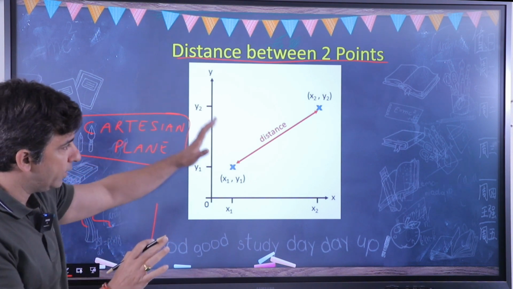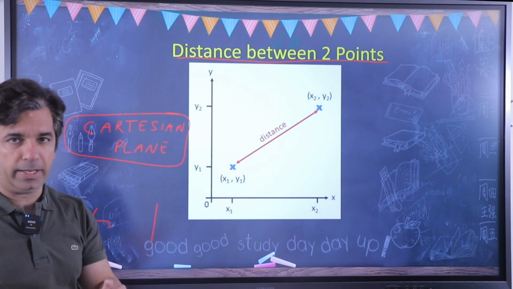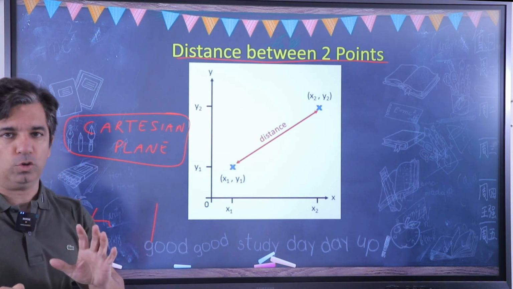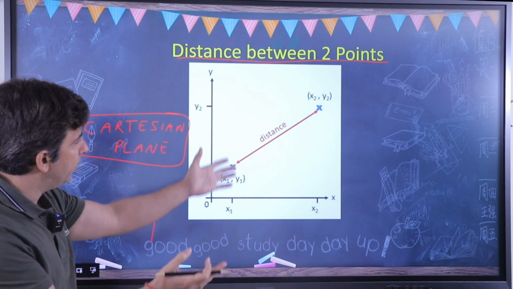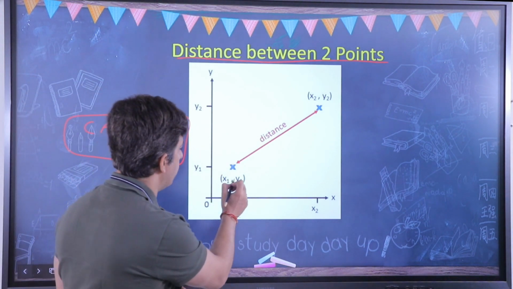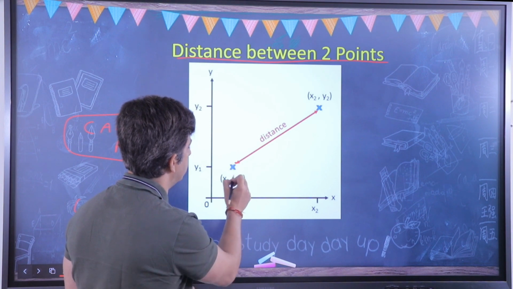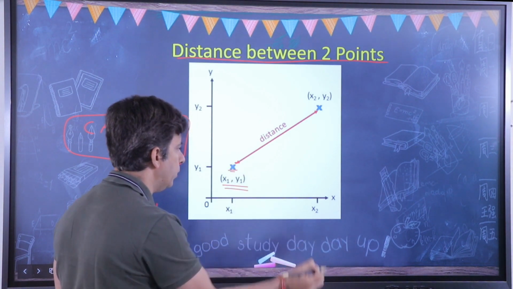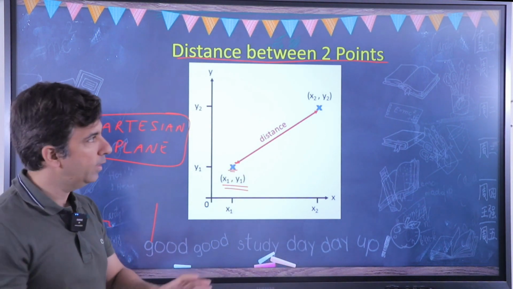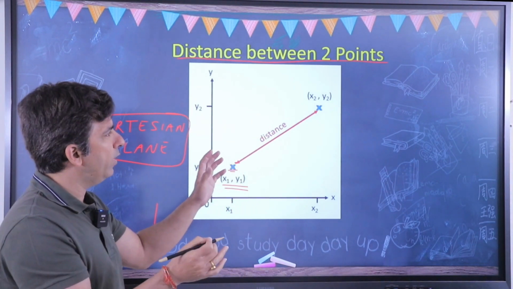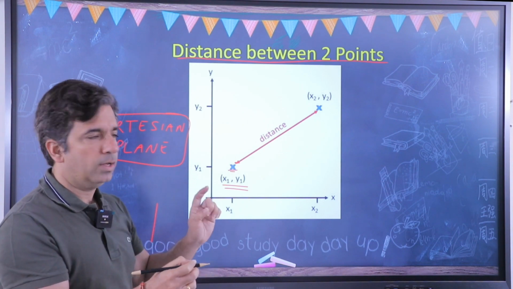So in an x and y-axis plane, which is the Cartesian plane, someone asks me to find the distance between 2 points. For example, we can see in this figure that 2 points are marked. One point is over here, denoted by the point x1, y1, and similarly the other point is x2, y2.